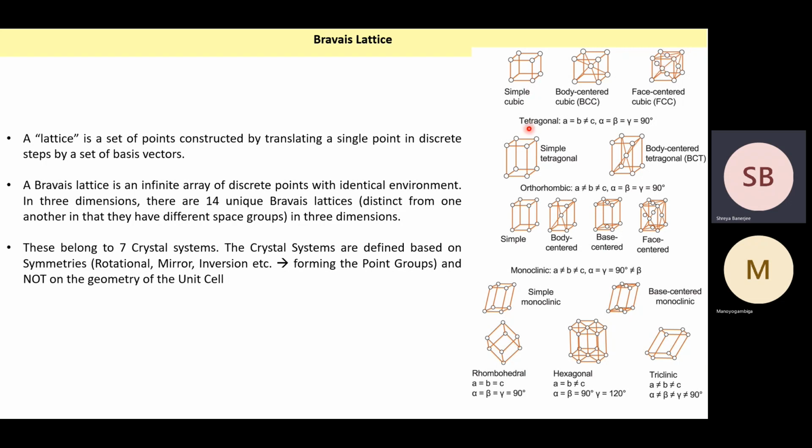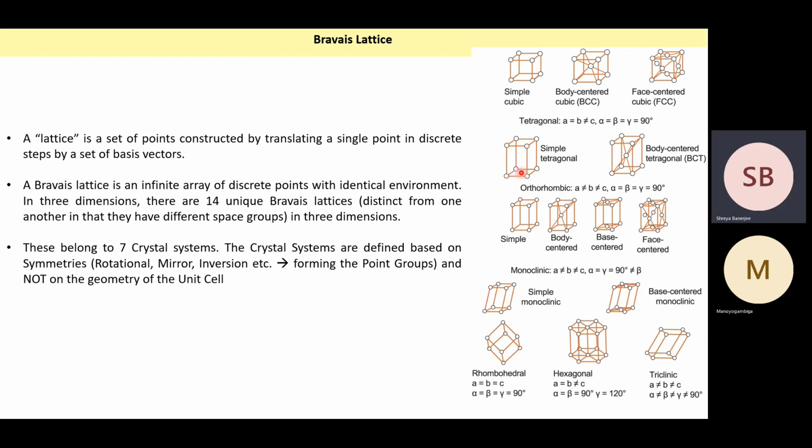In the cubic system, as you learned, A, B, and C are equal and alpha, beta, and gamma are 90 degrees. The next crystal system is tetragonal, where A equals B, so you can see A and B are equal, but C is different.